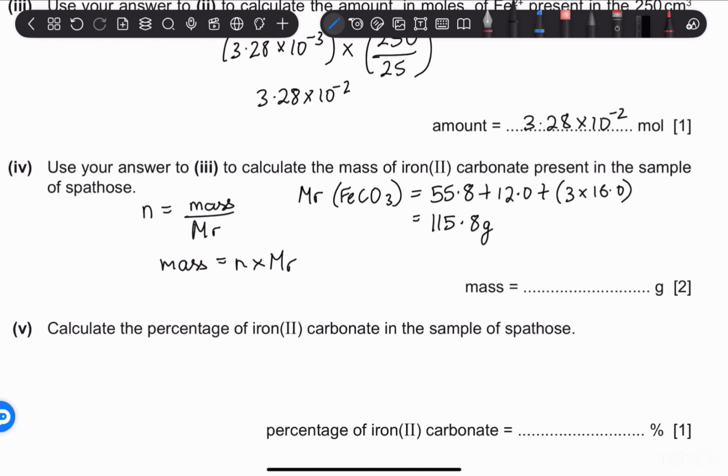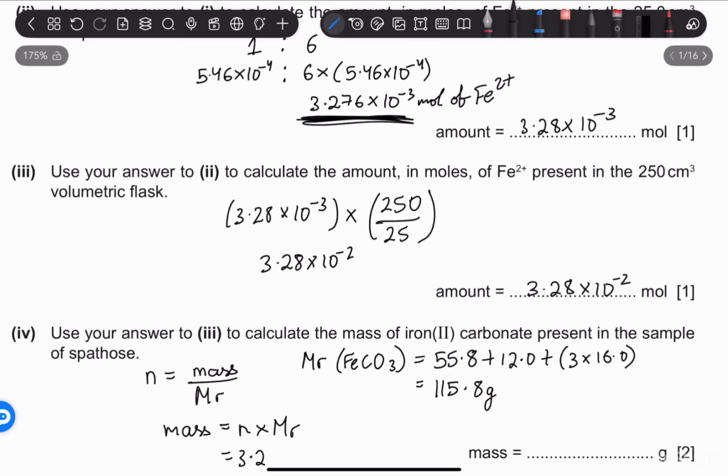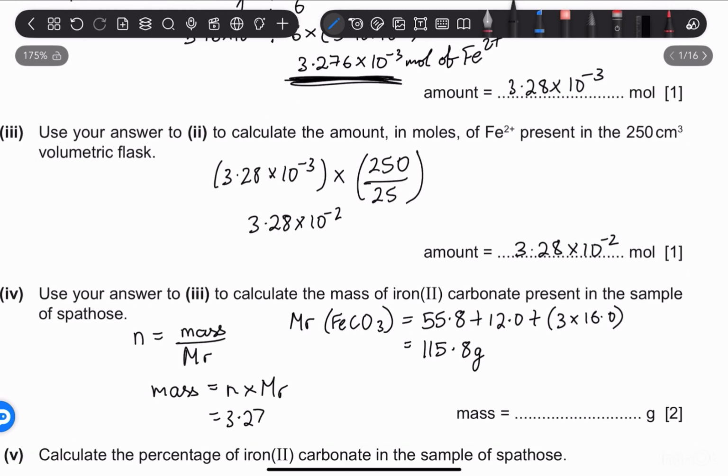So our answer is going to be 3.276 times 10 to the power minus 2 multiplied by 100. Oh my god, sorry. This is not supposed to be in grams, this is actually grams per mole. I'm so sorry for that mistake.